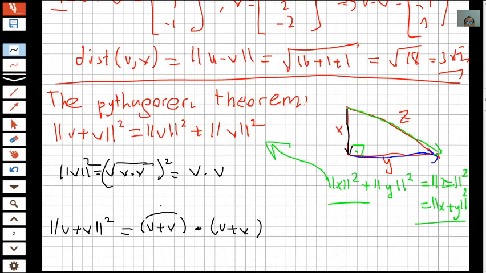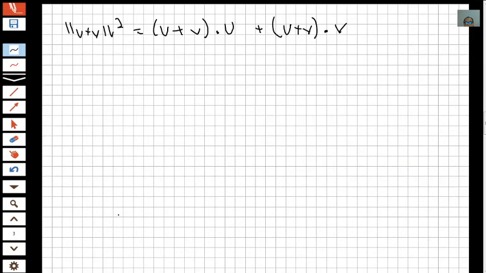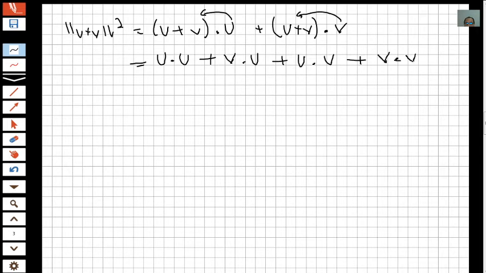Okay, we distribute the first one into the parentheses, and from here we obtain, by using the same property, we distribute this one into the parentheses and this one. So we have u dot product u plus v dot product u plus u dot product v plus v dot product v.